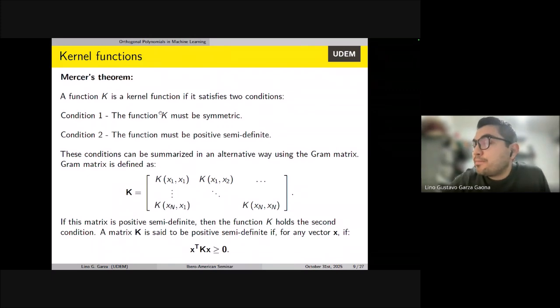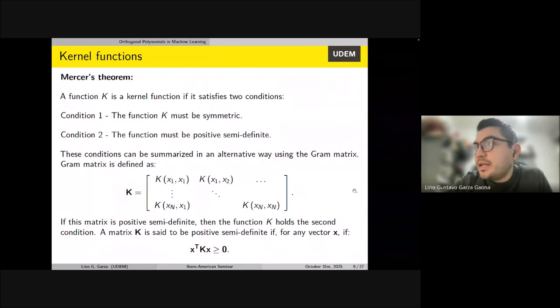But before that, let me just say that the kernel functions that are used in these support vector machines have to satisfy the so-called Mercer theorem, which has two conditions. Number one is that the kernel must be symmetric, and the other condition is that it has to be positive semi-definite.